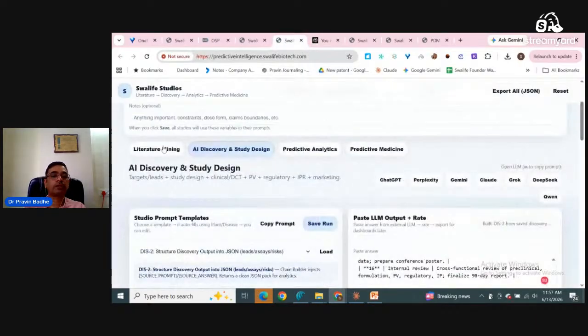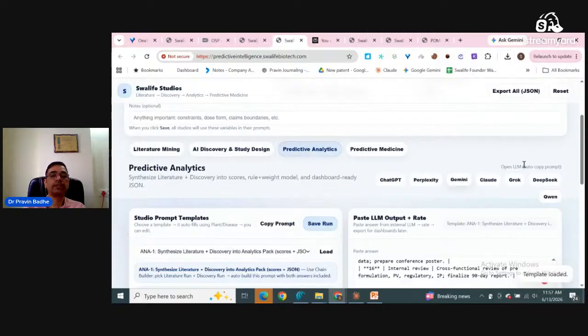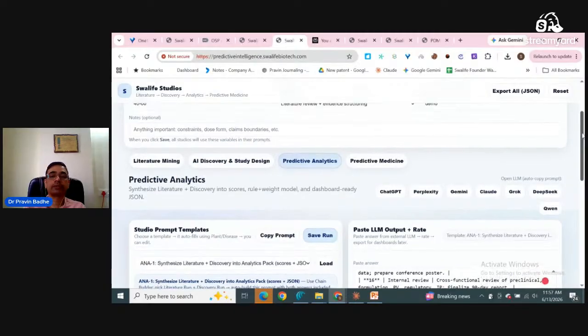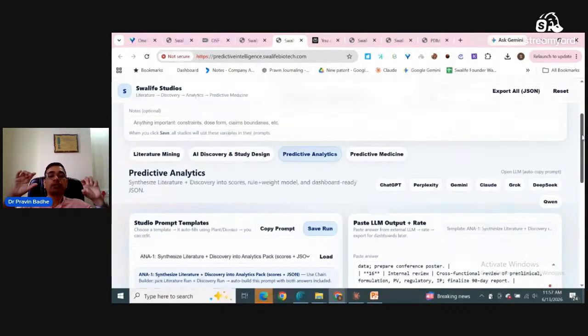Once you have got the literature mine and the AI discovery, these two information you will be utilizing in the predictive analysis. So the data curation is for your purpose where your critical thinking will be used, but we are still going to use the AI for predictive analytical.